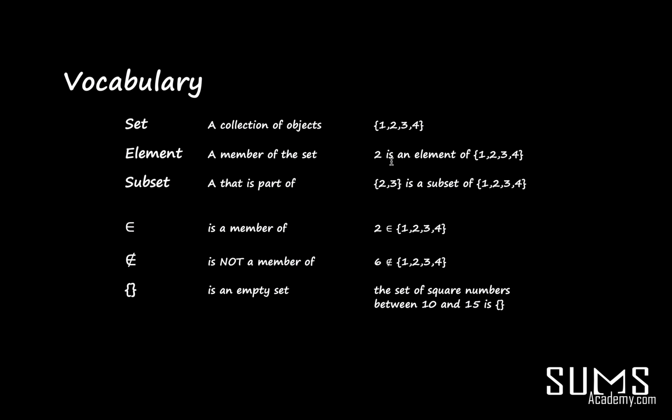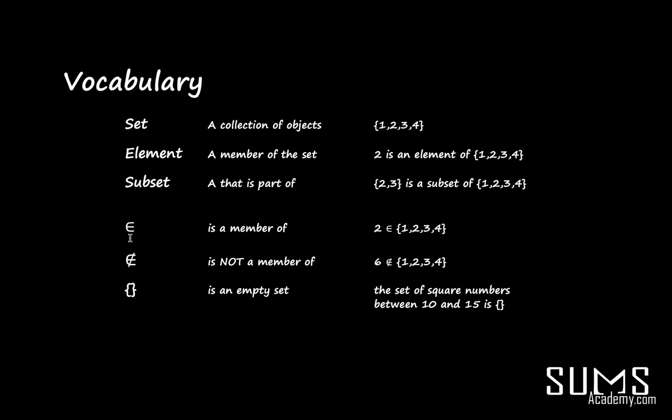We could also say John is part of this class. And then you have a subset, which is when you have one or more elements from a set, so a set within a set. So 2 and 3 is a subset of 1, 2, 3, and 4.